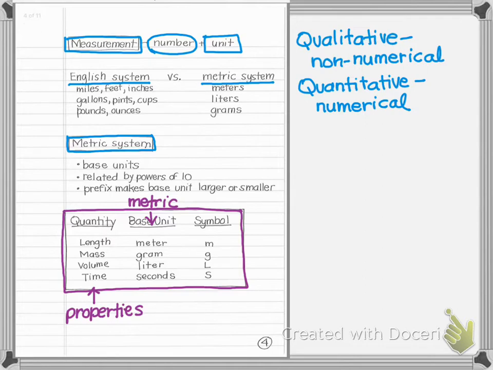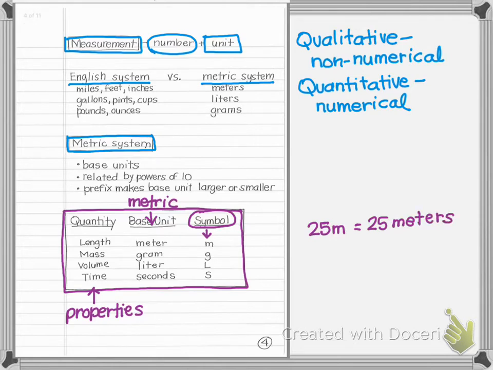Length goes with meters, and oftentimes we don't write out meter. We have symbols, so that would be m. Mass is in grams, and that would be g. So let's say I have something that is 25 with an m right there, then I'm saying it's 25 meters.